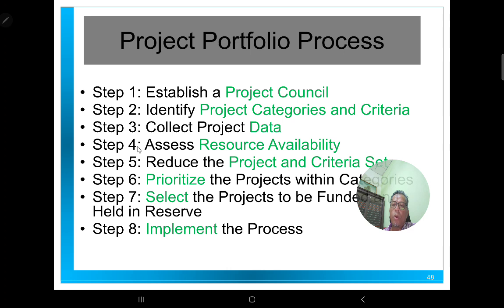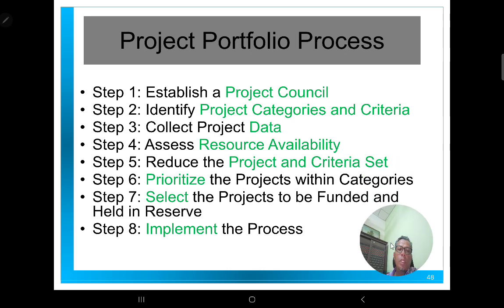Step four is to assess the resource availability. It is very important to identify what resources are available to implement this project. Step number five includes reducing the project and criteria set.